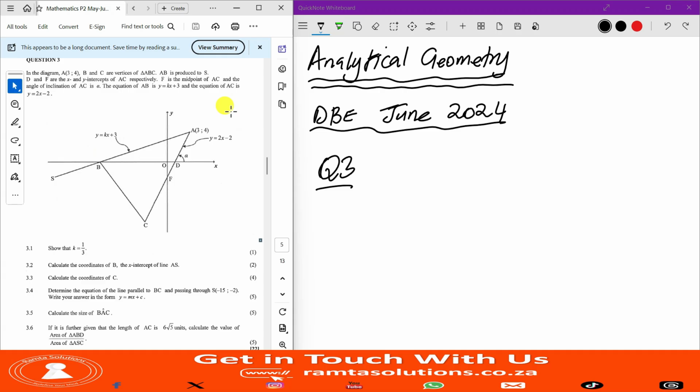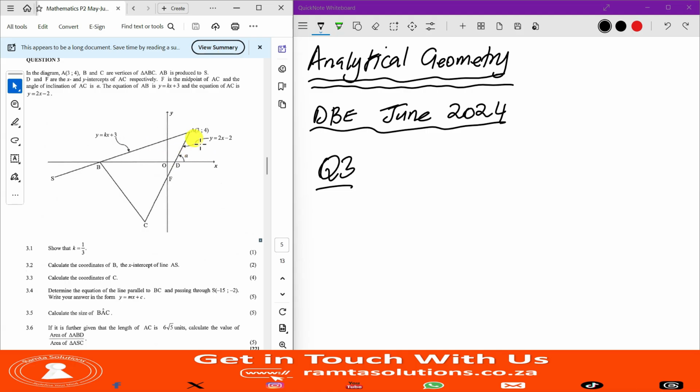AB is produced to S. D and F are the x- and y-intercepts of AC respectively. Highlight this: F is the midpoint of AC, and the angle of inclination of AC is alpha.